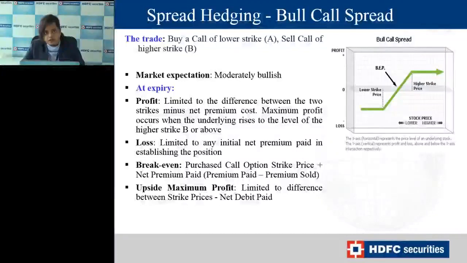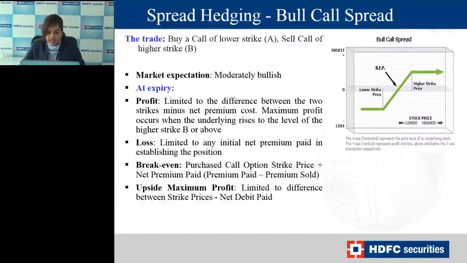If you subtract that, you get your net premium paid, and if you add this to your purchased call option strike price, that becomes your break-even point. The moment the stock rises beyond that level, your profit starts to come in and it stays fixed. So this is the importance of a bull call spread kind of a strategy.